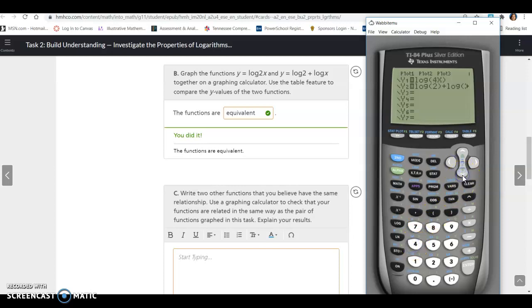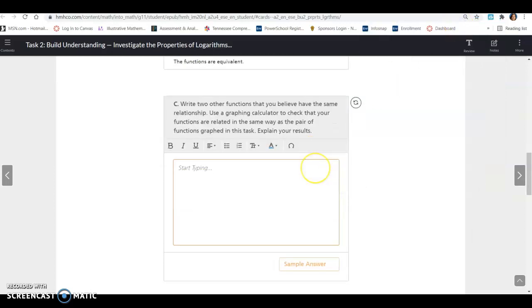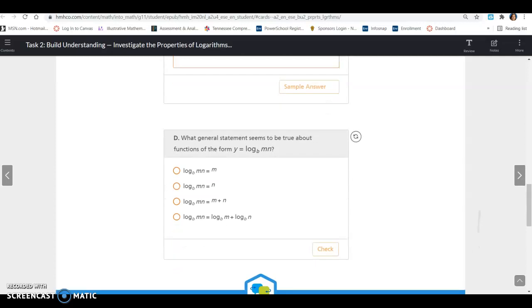And let's change this to a 4. And let's hit graph. All right, if we go to our table of values again, we can see the exact same thing. So those two functions also are equivalent.